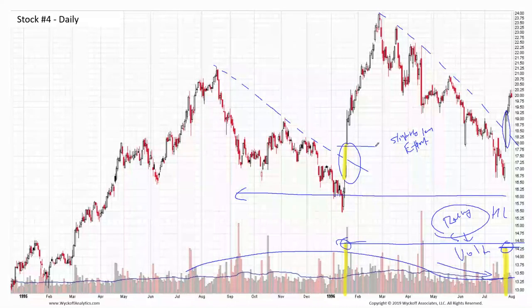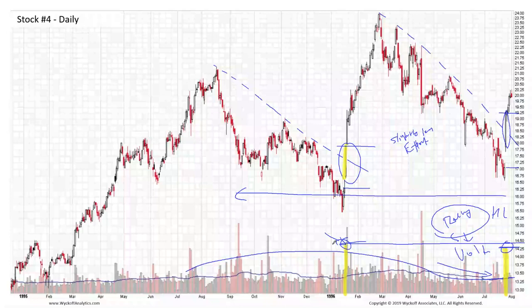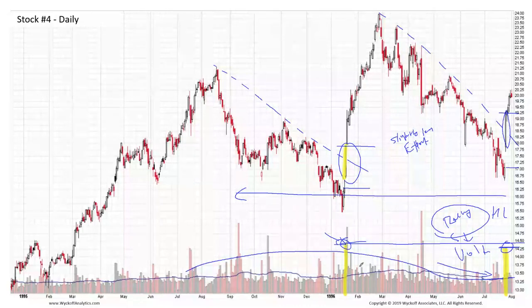We could measure it by the distance traveled. I'm taking the true range because in both cases there is a gap. That probably would still be less accurate because the volume signature on that particular bar does not belong to the true range. It belongs actually to this whole body here.